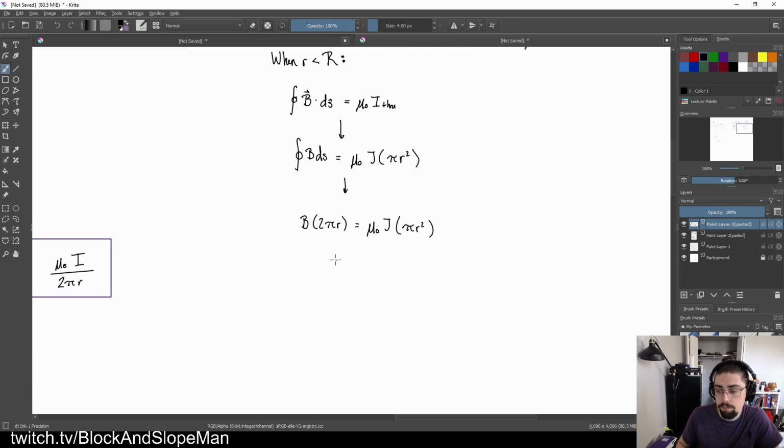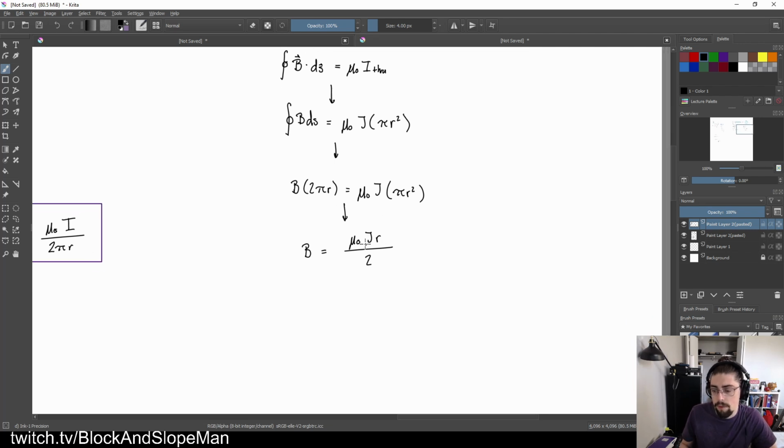Let's move some things over. So I'm first going to solve this out. I'll plug in J as my last step here. B is equal to, the pi cancels out, I've got mu naught J R over, is that it? Over 2? Trying to make sure that I didn't miss anything. I think that's it.